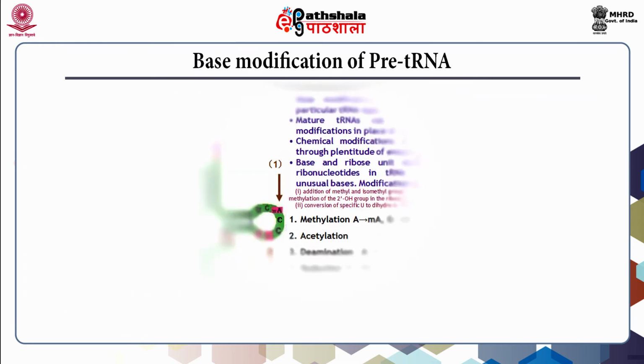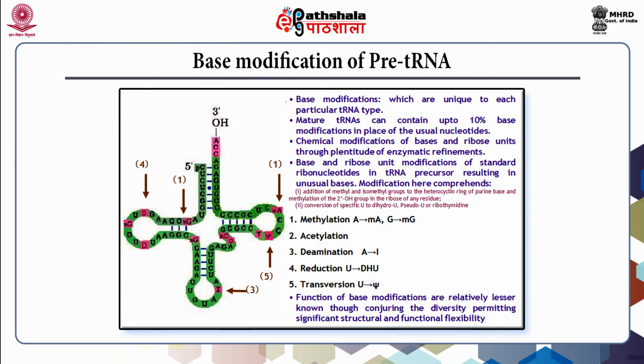The fourth type of modification is the base and ribose unit modification through the enzymatic changes of the standard ribonucleotide in a tRNA precursor, resulting in unusual bases. Mature transfer RNAs can contain up to 10% bases other than the usual adenine, guanine, cytidine and uracil. tRNAs are efficiently modified with a plenitude of known tRNA nucleoside refinements.